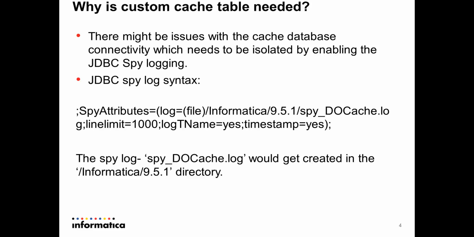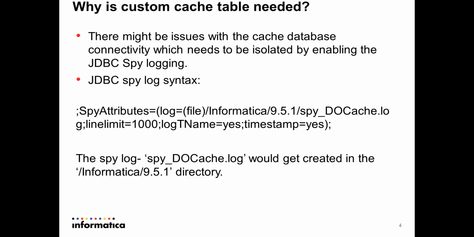The file called spy underscore do cache.log is the spy log that gets created, and it is getting created in a directory called informatica slash 9.5.1. This directory does need to exist on the server on which the data services product has been installed. Once this has been set, the data integration service has to be restarted for the changes to take effect.